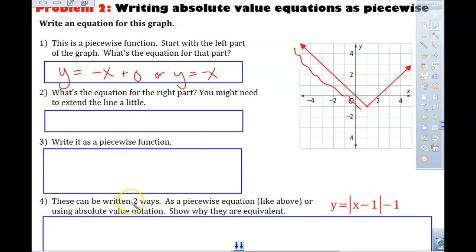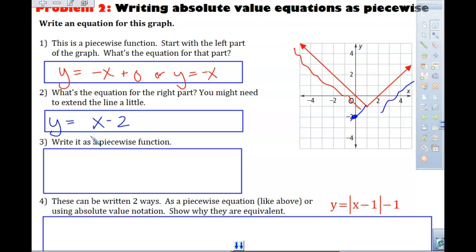Okay. We're going to look at the right side. If we are looking just at the right side, so we're only looking here, if I would extend this, Olivia, what would you say my y-intercept is? -2. So I know my y-intercept back here is -2, and I have to have an x.